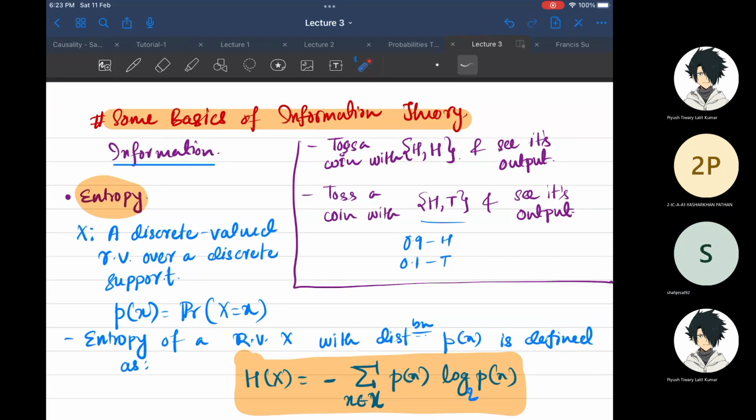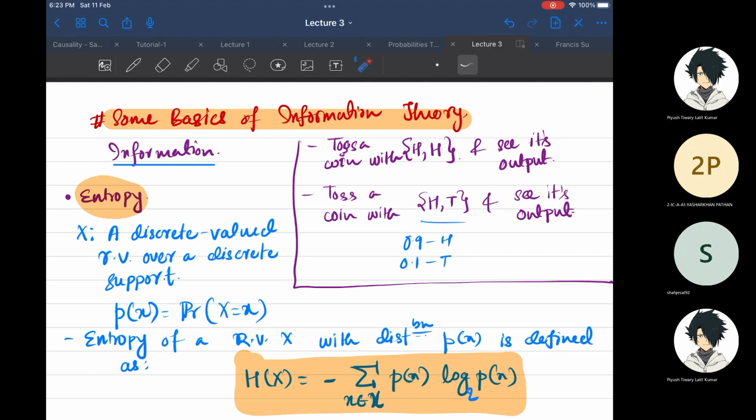So the idea was, if everything is known to me, there is no uncertainty, and hence if there is no uncertainty, I cannot reduce the uncertainty, and hence there is no information present.